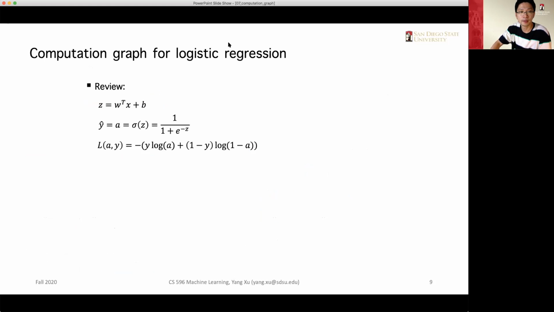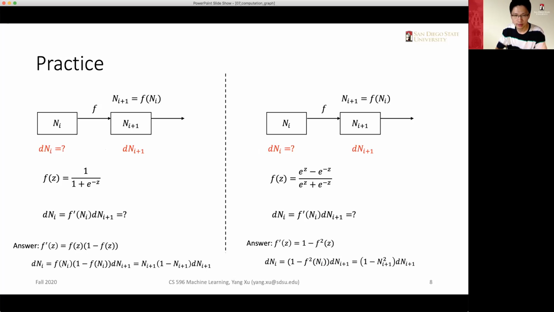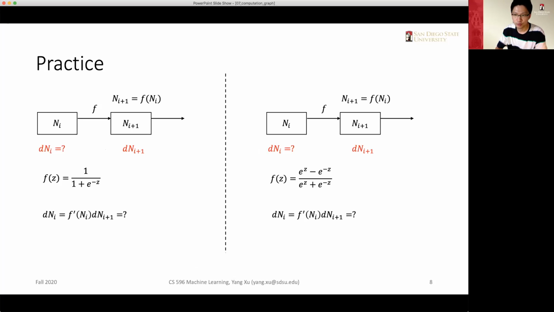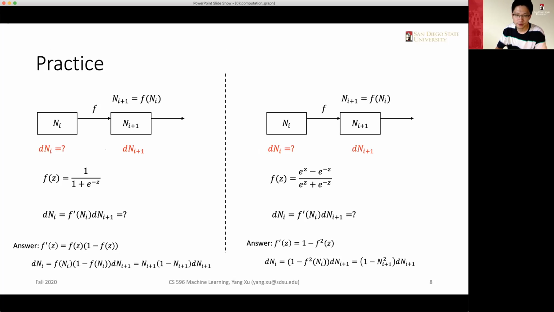In the next slide we will talk about the computation graph for logistic regression, but I'm going to leave it to the next lecture. Today we have given a start to the topic of computation graph.